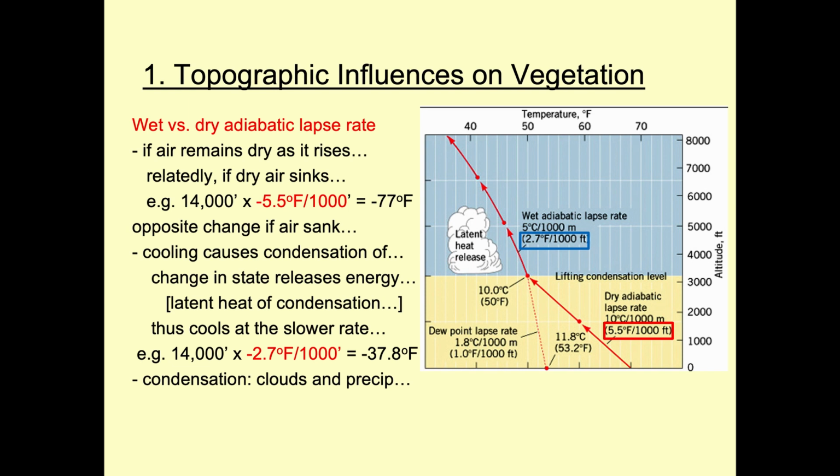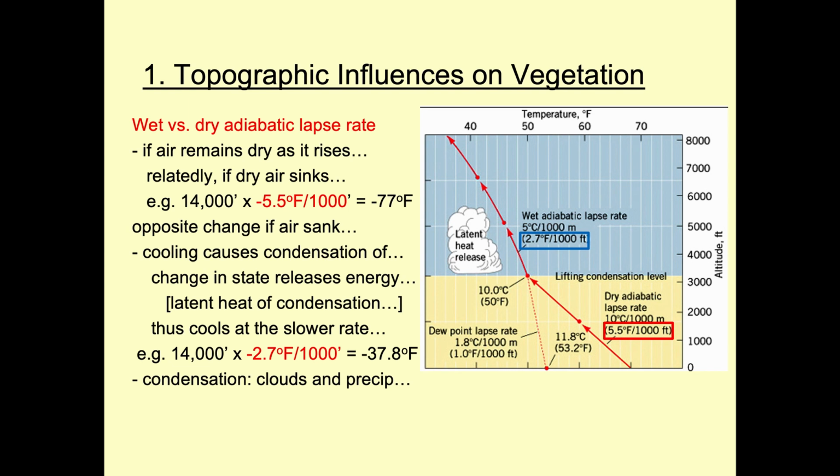When a parcel of air is saturated with liquid water, the properties of that parcel is changed. So the parcel will actually cool at a slower rate as it's increasing in elevation once condensation occurs. We refer to this as the wet adiabatic lapse rate.